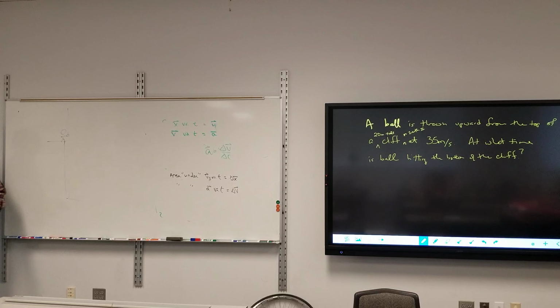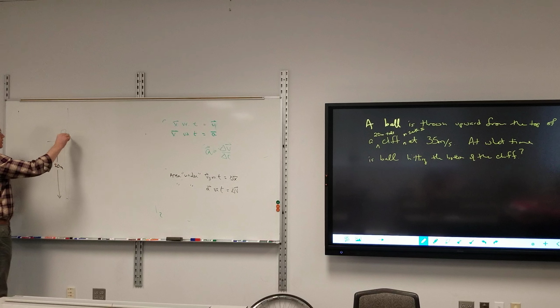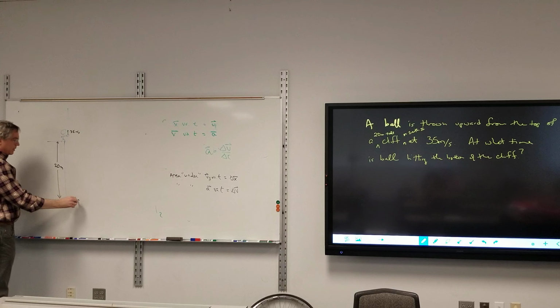You're right at the edge of the cliff, throws it up, comes down, hits below. This is 20 meters. This is initially going 35 meters per second upwards. And I'm trying to figure out the time at the bottom.